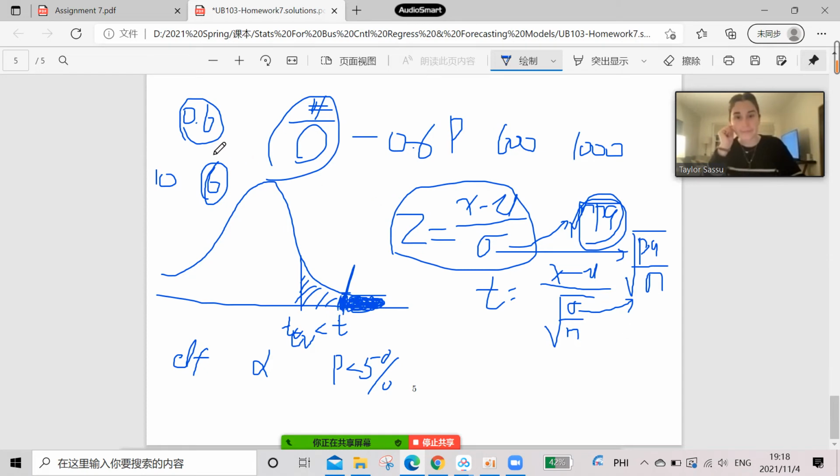But again, this 0.6, this probability itself, has a standard deviation, and you use the square root of PQ divided by N. Here you don't use this P; this is P hat, your observed one. So you use the square root of P hat times 1 minus P hat divided by N. That is your standard deviation. So the square root of P times 1 minus P over N is essentially the standard deviation of a probability.